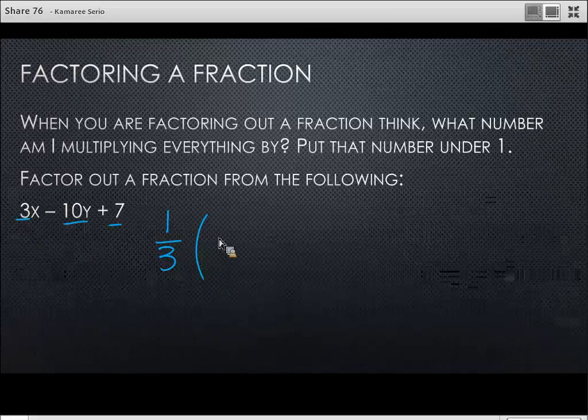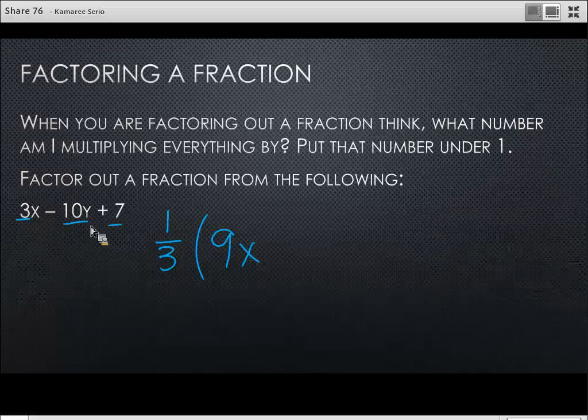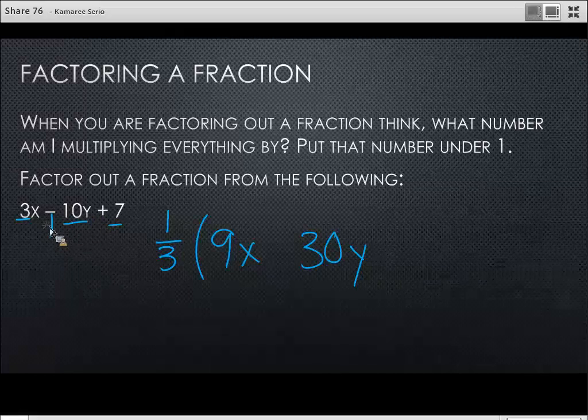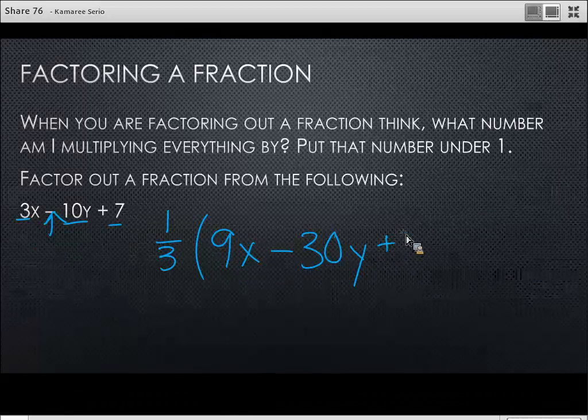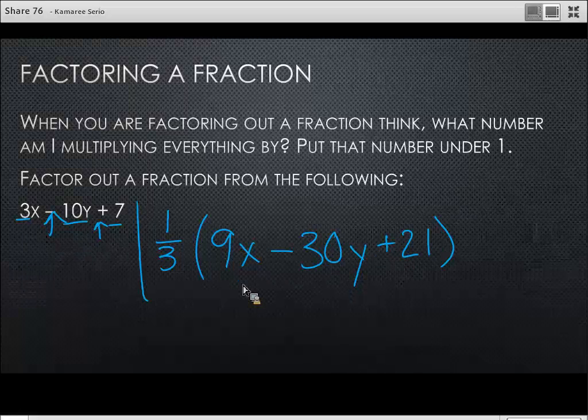So 3 times 3 is 9x. 10 times 3 is 30y. Now since there is a minus sign in between these two terms, I'm going to keep my minus. 7 times 3, which is 21. And there's a plus sign here, which means I want to keep my plus sign. And there we have it.